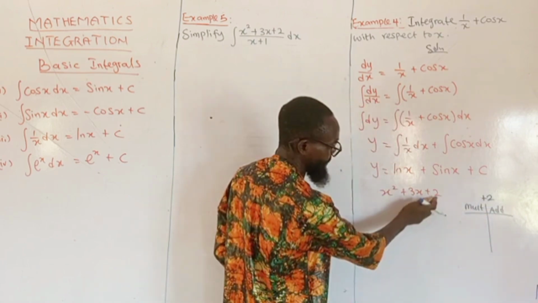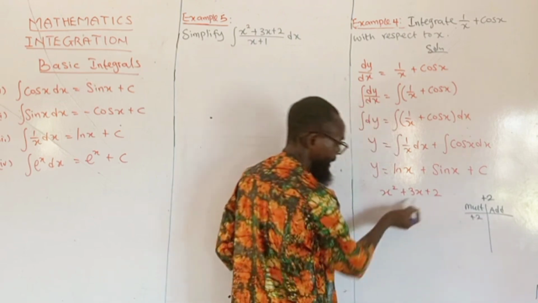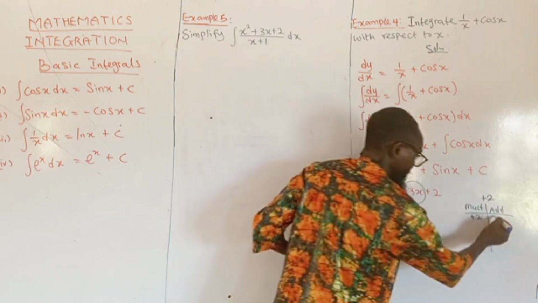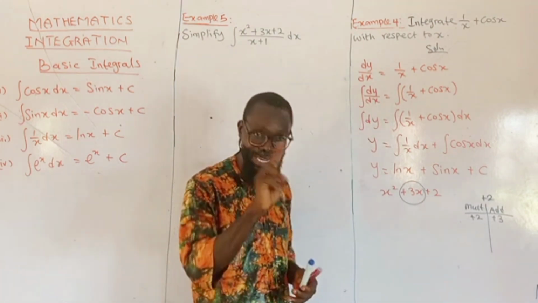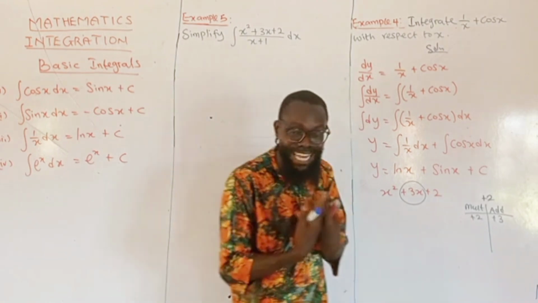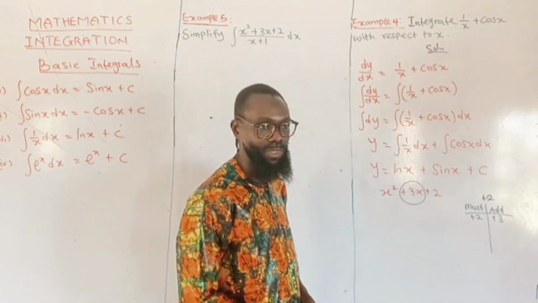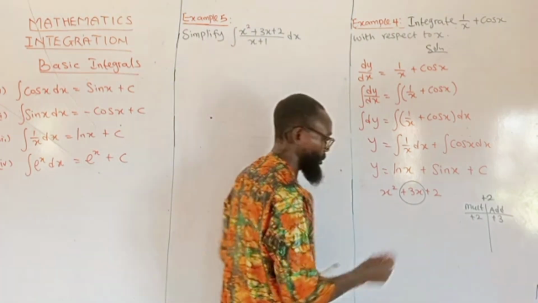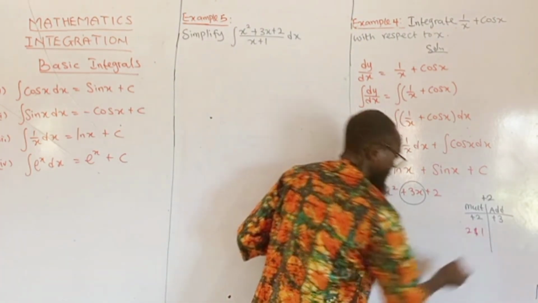When you multiply the last value, 2 times 1, we have 2 with the sign plus 2. The center value here is plus 3. You will look for two factors. When you multiply them together, you will get plus 2. When you add them or you subtract them, you will get plus 3. When you look at this, the factors are going to be 2 and 1.